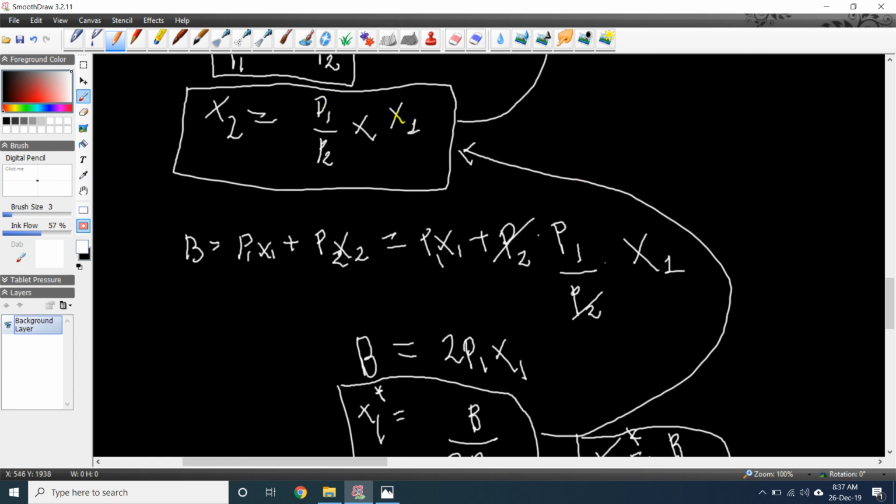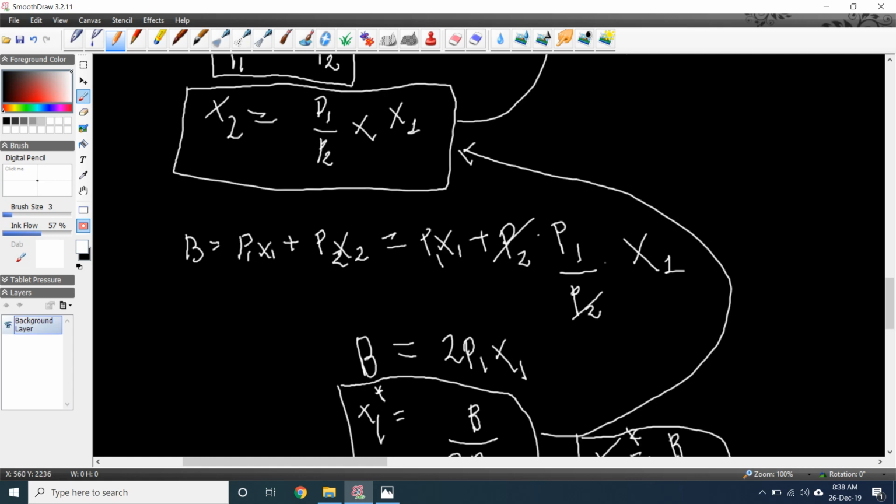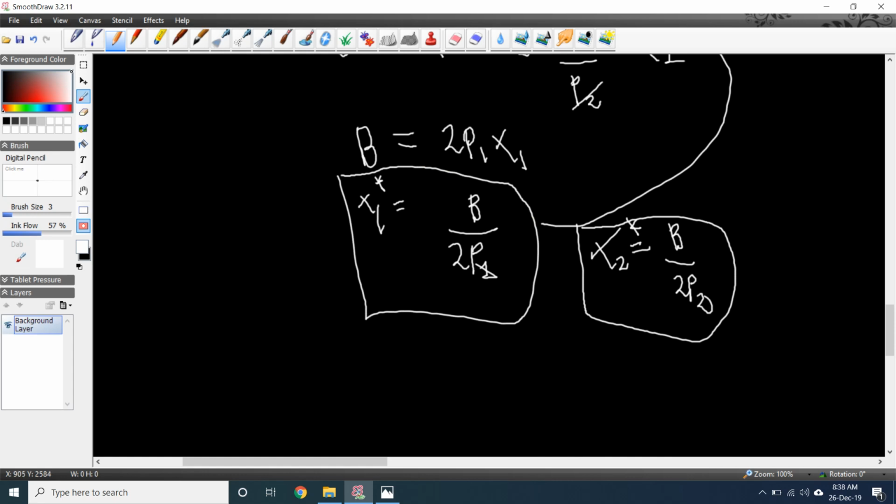By substituting it in equation 4, we get the Marshallian demand curve for x1. Similarly, if we substitute this value of x1 in the previously obtained relationship between x2 and x1, we get the Marshallian demand curve for x2 as b by 2 p2. Thank you.